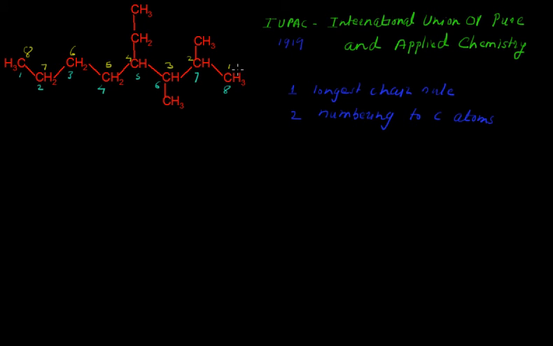As per the numbering which is given by the yellow color, this methyl group is coming at position number 2. So it means that this substituent has the lowest possible number. So we can accept this numbering which is in yellow color.